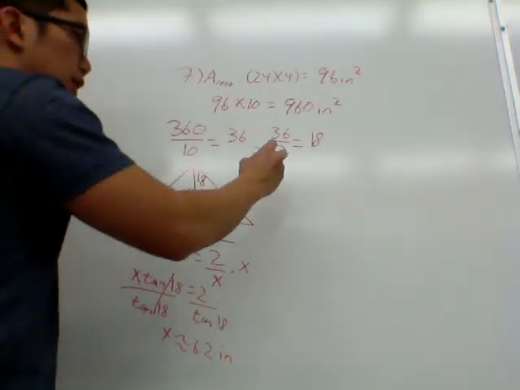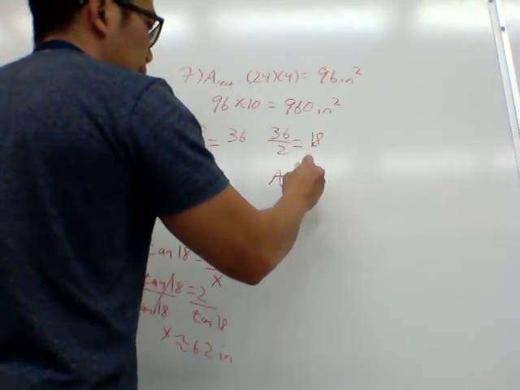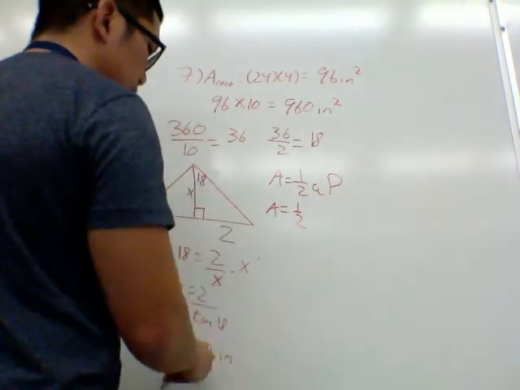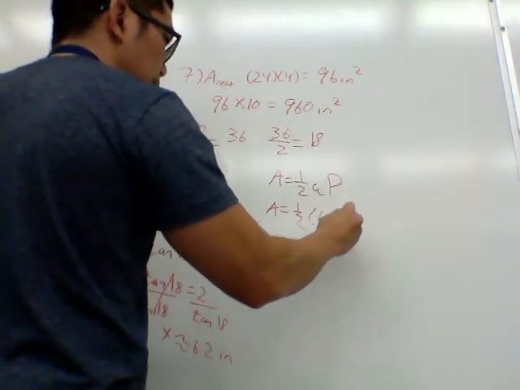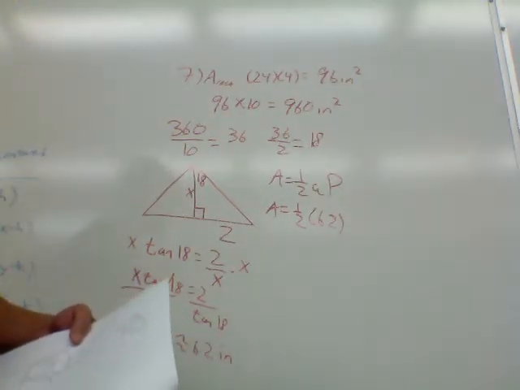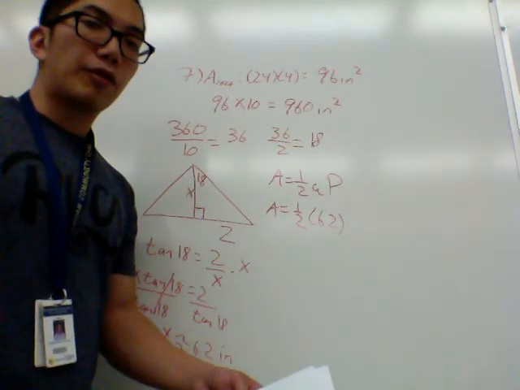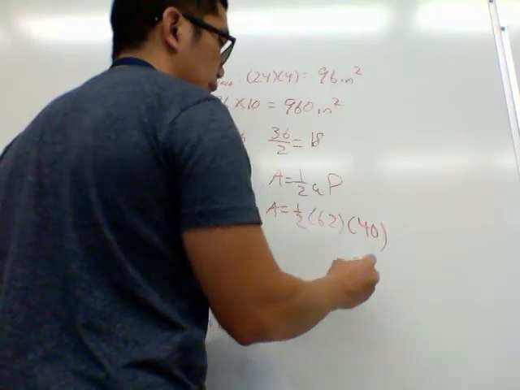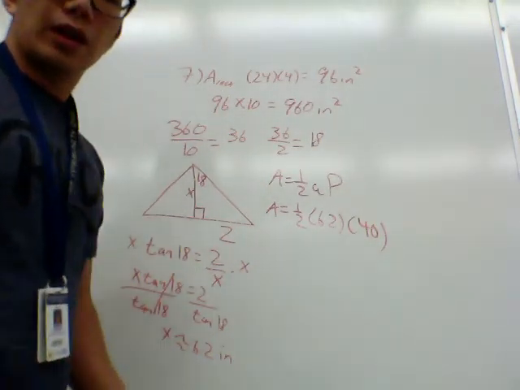The area of the decagon is 1/2 AP. So my apothem was 6.2. And the perimeter, if the decagon has 10 sides, and each side is 4 inches, I do 10 times 4, and that will give me 40 here. Okay.